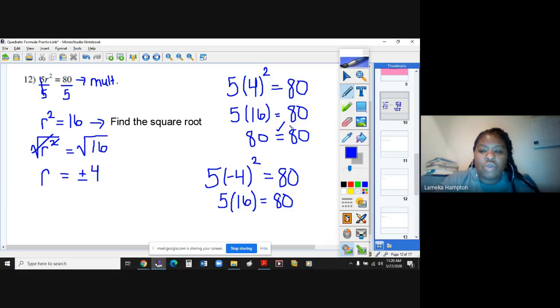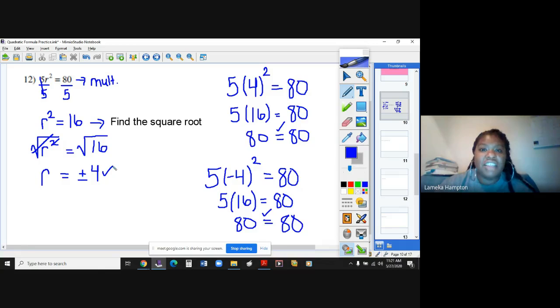And of course, based on what we see up here, we know that 80 is equal to 80. So therefore, negative 4 is also a solution. So that means this answer checks out.